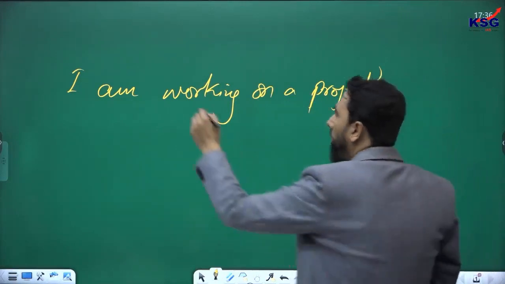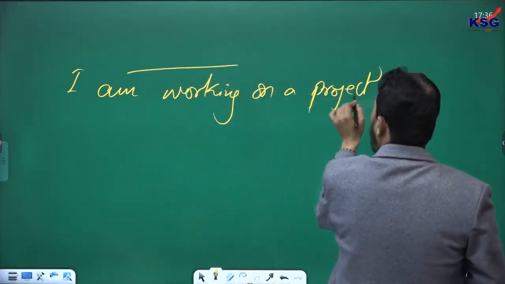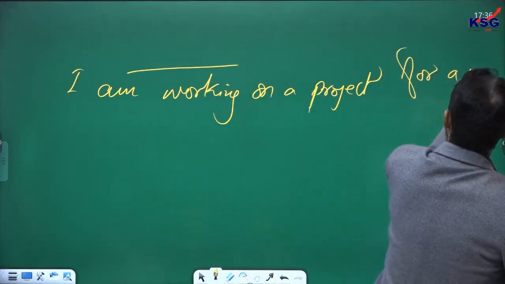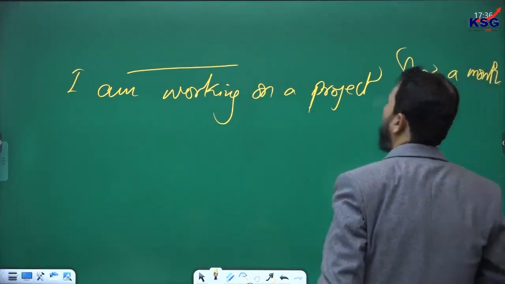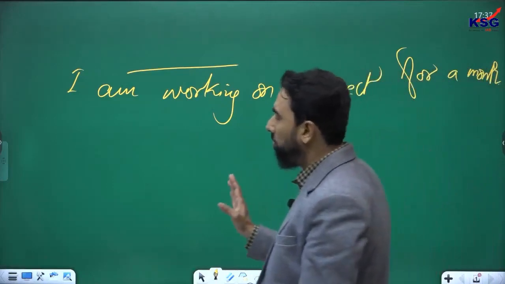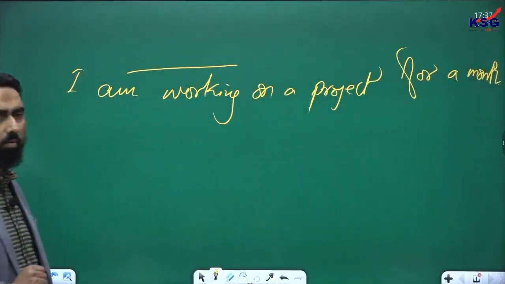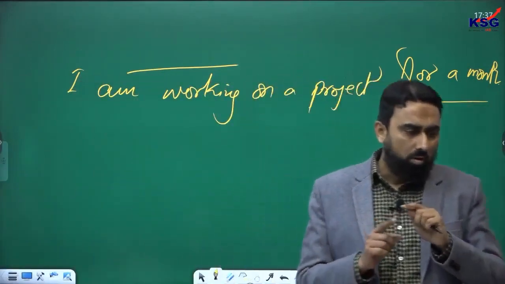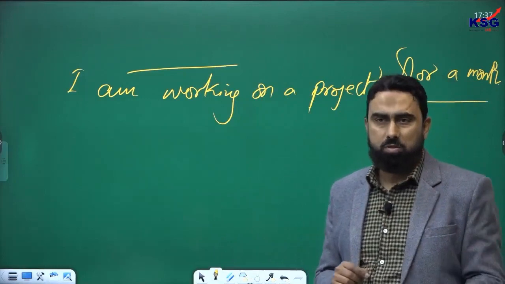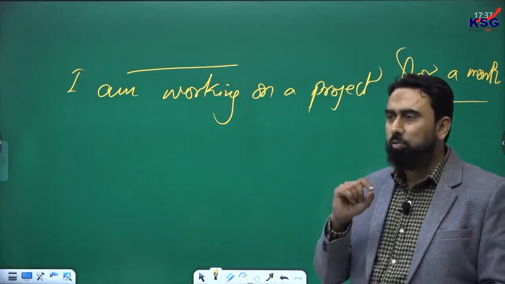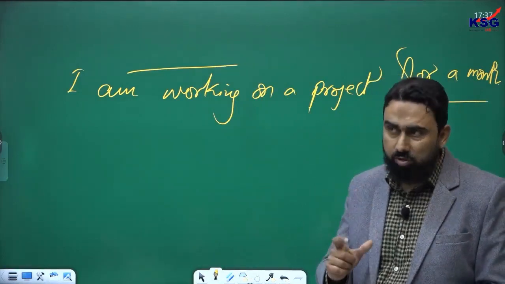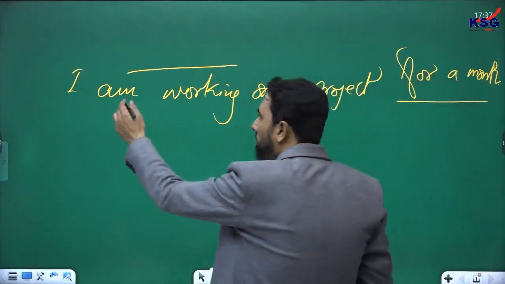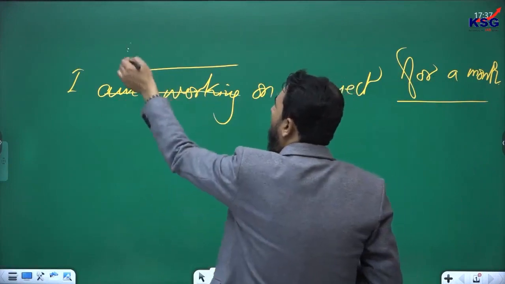But the moment you say, I am working on a project for a month, the aspirants who do not know this rule commit an error. For a month tells you about the continuity of this work. So whenever you want to send the message of continuity, you cannot use this. Instead, you should use I have been working.